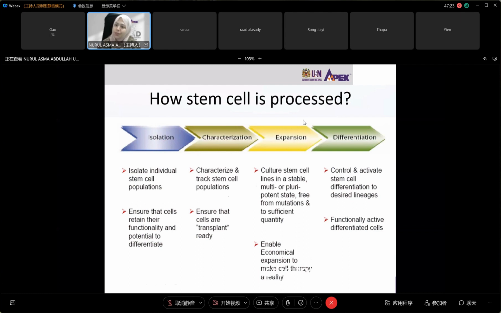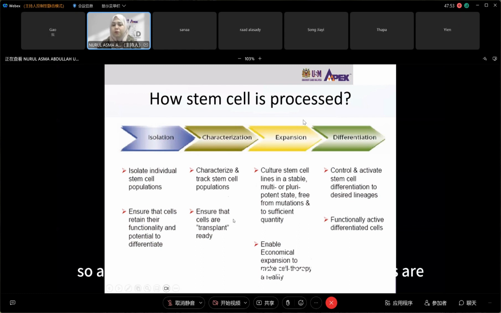CD4 is exclusive for the T helper cells, while CD8 is for cytotoxic T cells. So different types of CD, or surface markers, or proteins on the surface, basically characterize the cells into different types of cells.